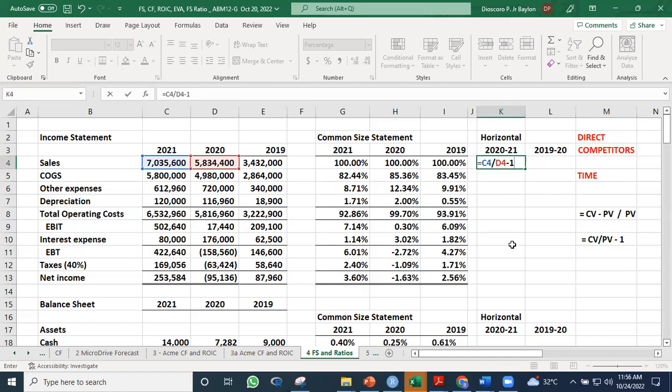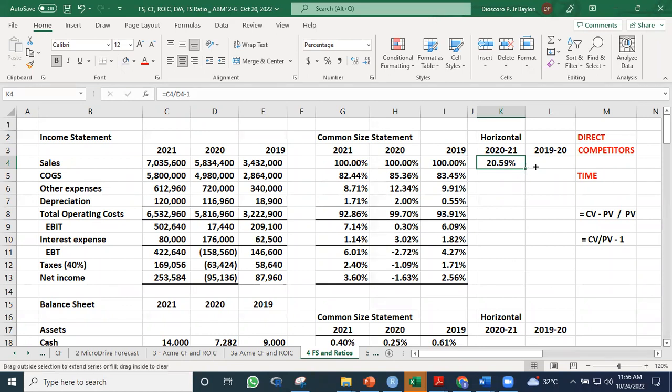Yan. Okay, that's how you get your percentage change, your growth rate. So control enter. All right, so what does this tell us? That sales grew by around 20%, 20.6% from 2020 to 2021. So this tells us now the growth rate, horizontal analysis.